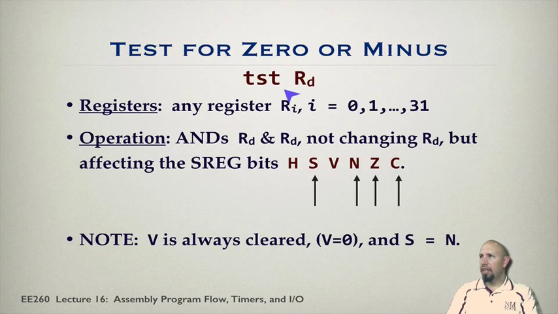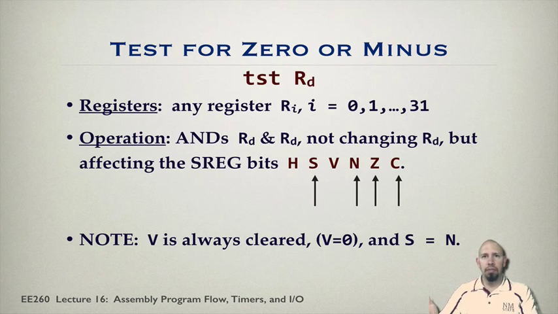And finally, we have the test command. Basically what this test function does is it ANDs the register with itself, without changing the register. So this is one way of testing whether a register is 0.